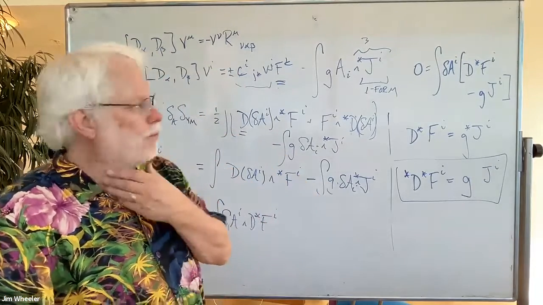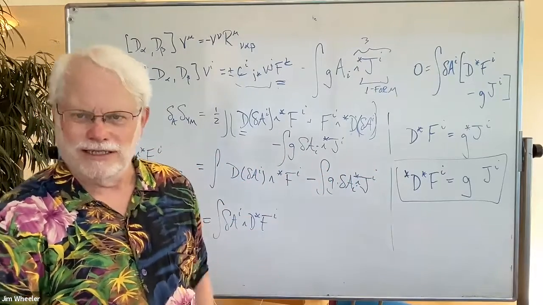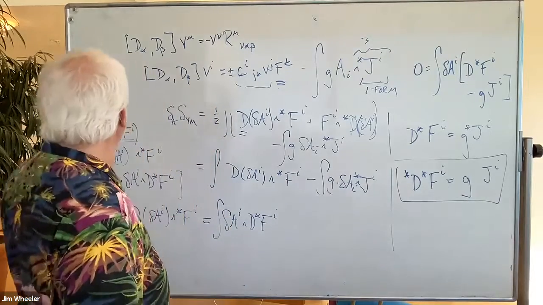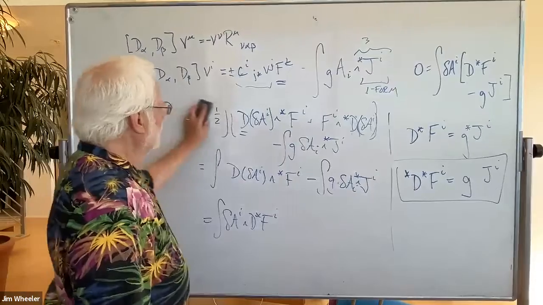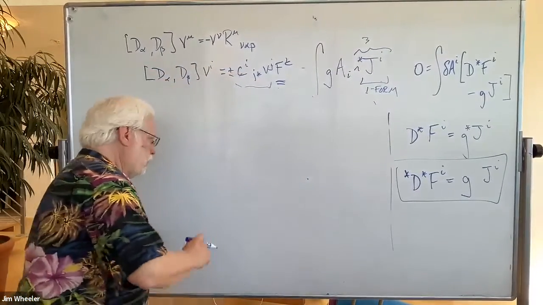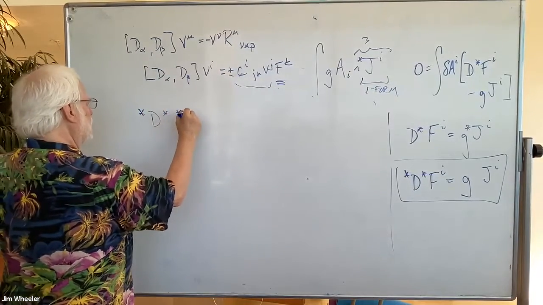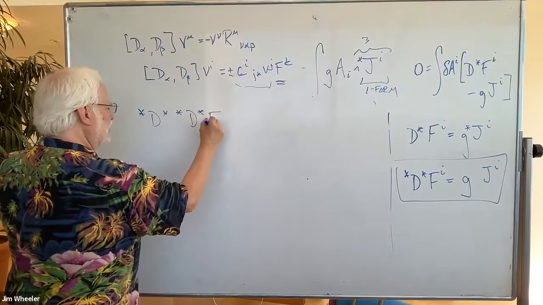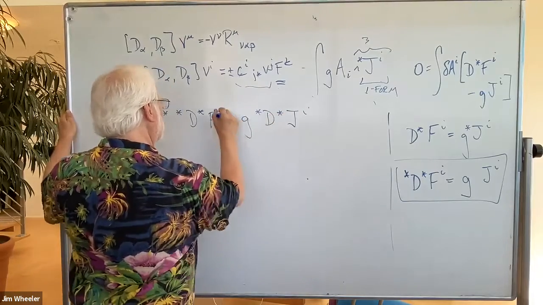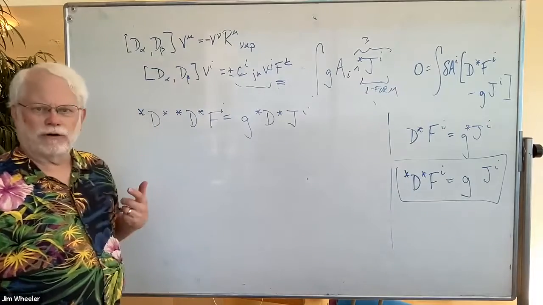So to prove that current is conserved, that star D star of that current is 0, let's look at what we need. Okay, this is going to work out. So if I apply star D star to star D star of F, that's going to be g star D star of J. I'm just taking the field equation and applying the divergence operator to it.